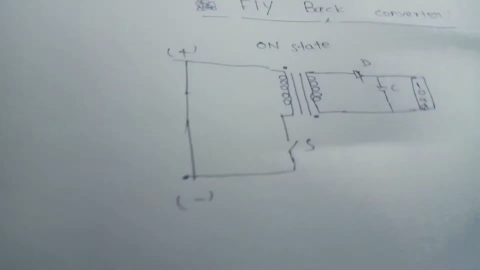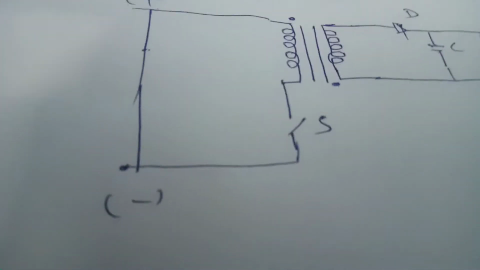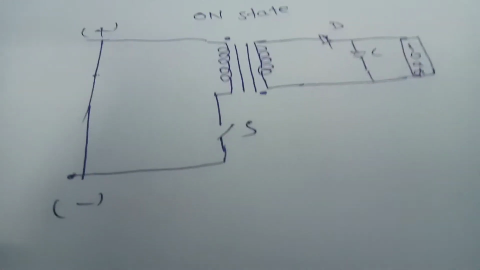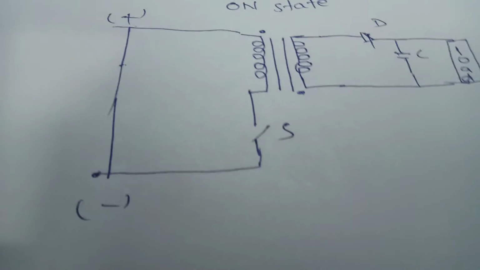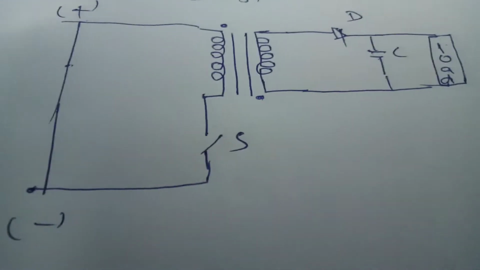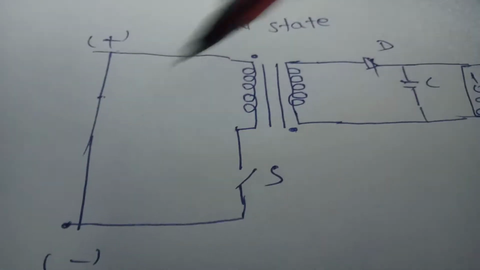See, this is the flyback topology, and some other topologies will be there, buck, buck-boost and boost topology. So what is the major difference? This will be the isolated primary section. This is the primary section, this is the secondary section.